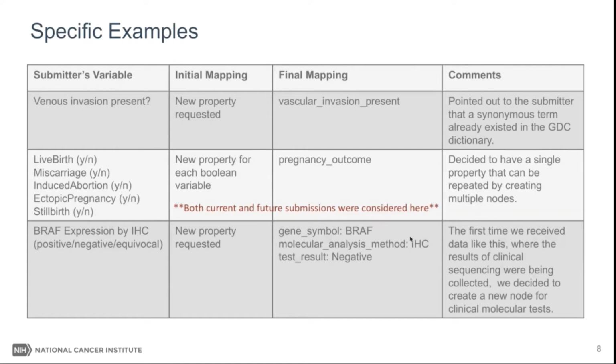In the next example, the submitter's data set included several yes, no, or Boolean style questions for the outcomes of pregnancies, and they wanted new properties for this. When we're adding new properties, we want to consider both the current data set that we have already, so existing data that have been submitted, as well as what's being requested, but also future submissions.